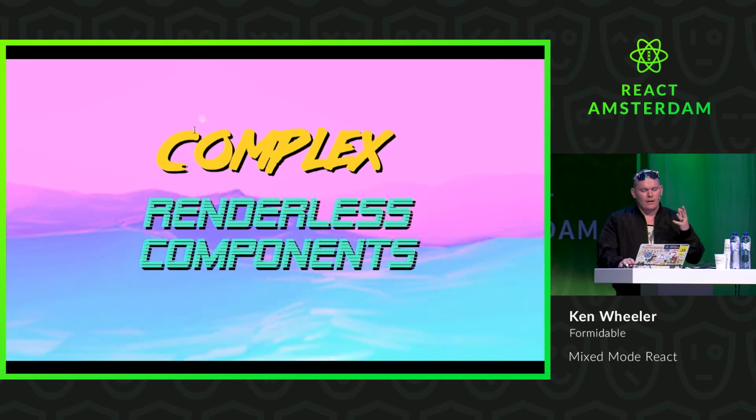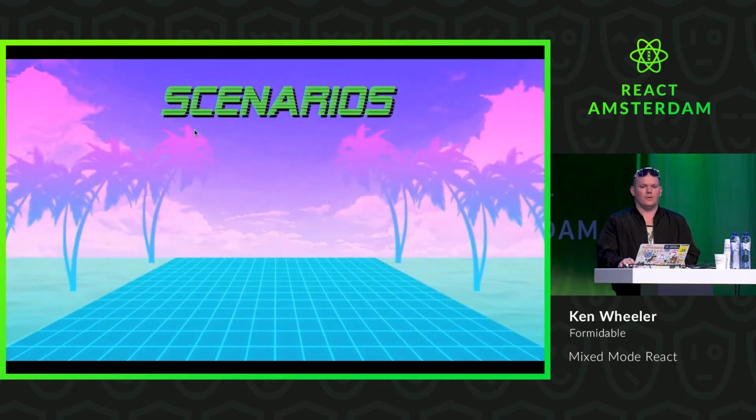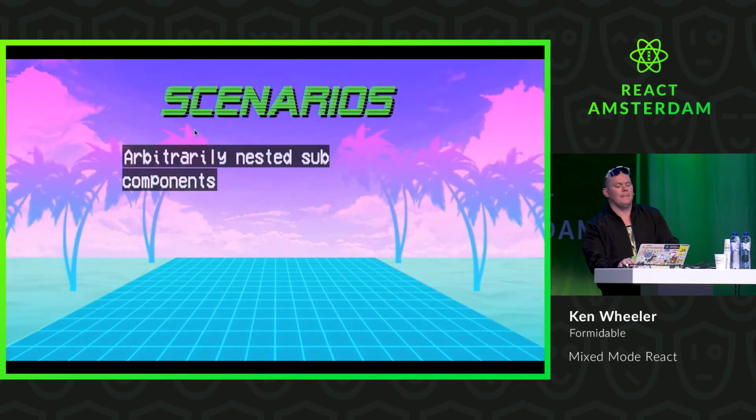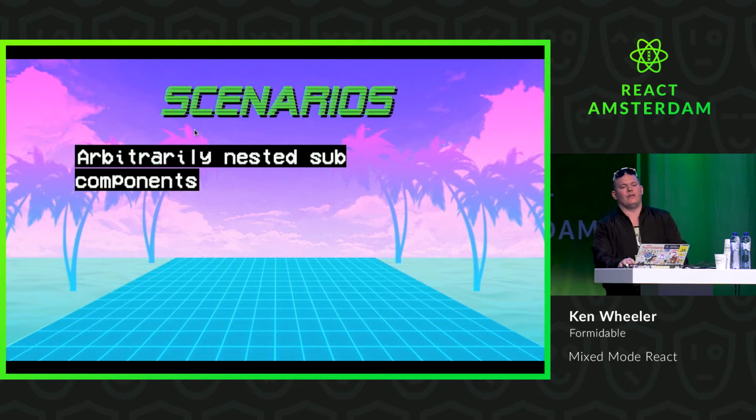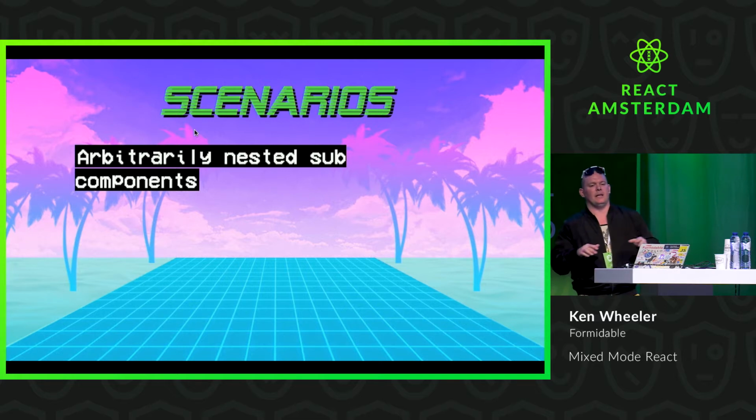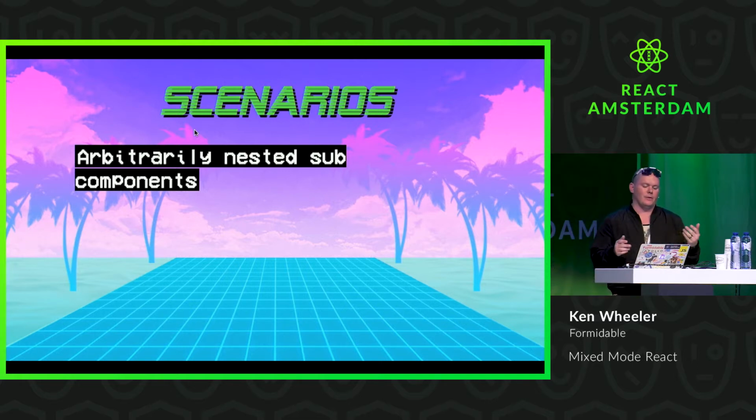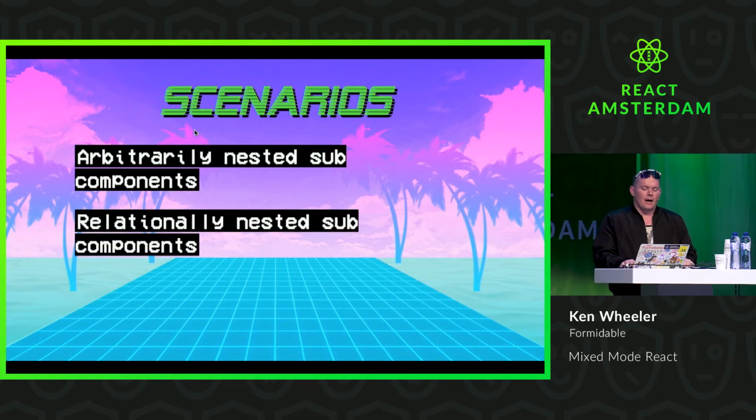So now it's time to talk about some complex ones. The kind of scenario you'd be in would be if you had arbitrarily nested subcomponents. I'm writing this presentation in Spectacle, which is a React presentation framework that I wrote, and it kind of just relies on stuff being child elements. But if you have something that has some undetermined depth of where you're going to put things, that would be a scenario.